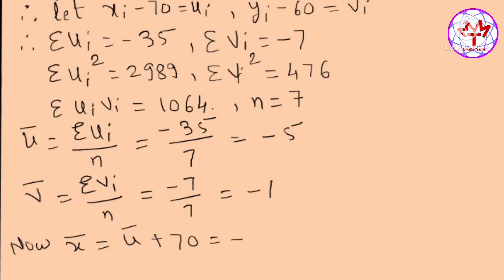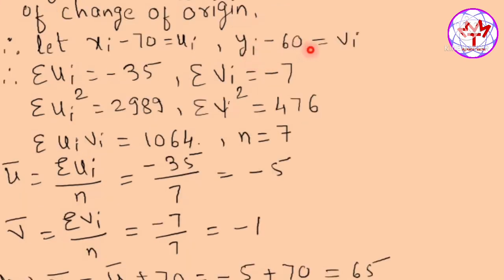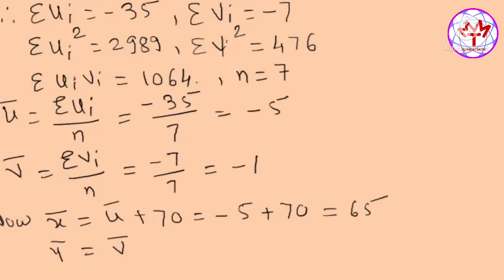So u bar we have got minus 5 plus 70, that is 65. Now see over here, yi minus 60 is equal to vi. That means yi will be equal to vi plus 60, or y bar will be equal to v bar plus 60. Now v bar we have got minus 1 plus 60, that is equal to 59.